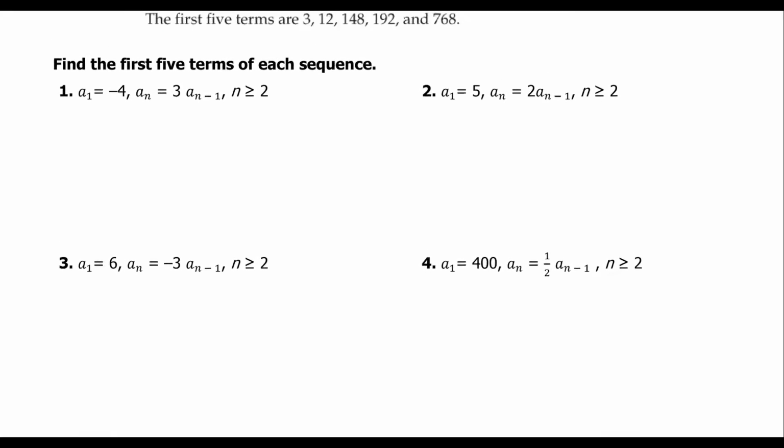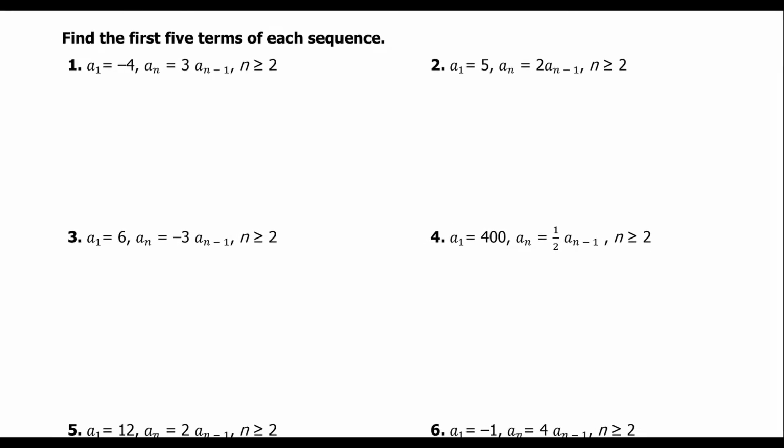On these, it's asking us to do the exact same thing. It's asking us to find the first 5 terms. So they go ahead and give us the first term, which is going to be negative 4. The next term is going to be 3 times negative 4, which is negative 12.